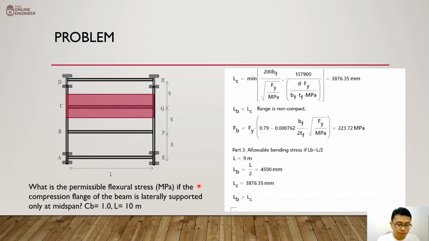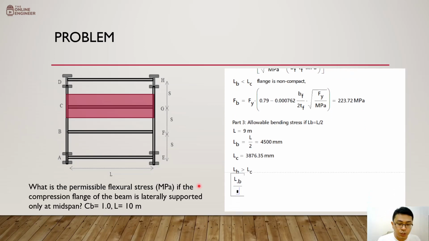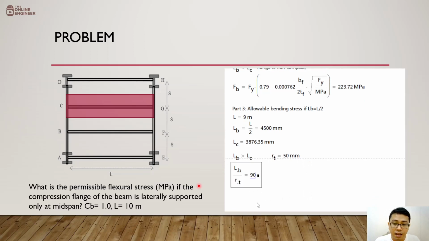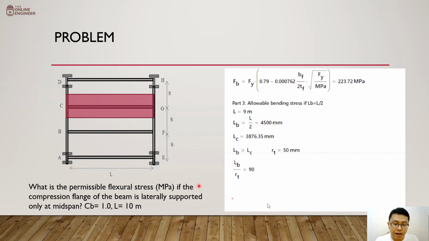All right. So the first quantity that we would want to know is the ratio of LB over RT. So this is 90. RT is a property of the section that was provided earlier. So that's 50 mm. So LB over RT is 90. And we would like to compare this with the square root of 703,270 CB divided by FY.